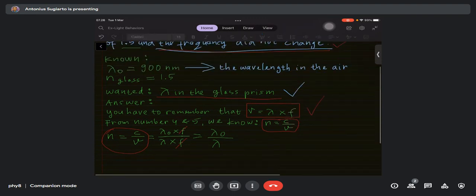This is actually our problem. We know the wavelength in the air, we know the refractive index of the glass, 1.5, and what is being wanted is lambda in the glass prism. As I told you in the beginning, the speed of light changes when it enters a new medium, and the wavelength of the wave also changes because the speed changes. Now we want to calculate the wavelength of the laser ray in the glass prism.